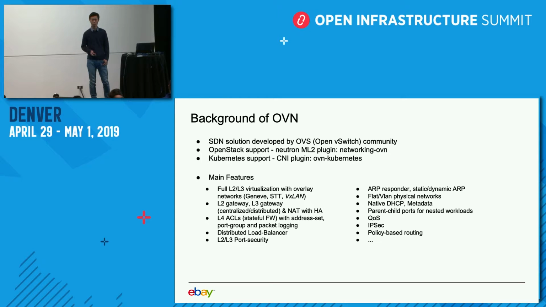It supports OpenStack and Kubernetes with its own plugins, which are networking-ovn for Neutron and ovn-kubernetes for Kubernetes. And it has a lot of features for SDN, including full L2, L3 virtualization, Layer 2 and Layer 3 gateways, and features like stateful firewall and distributed load balancer. So almost everything you can think of as an SDN solution.